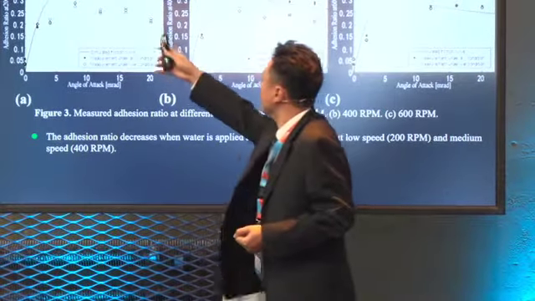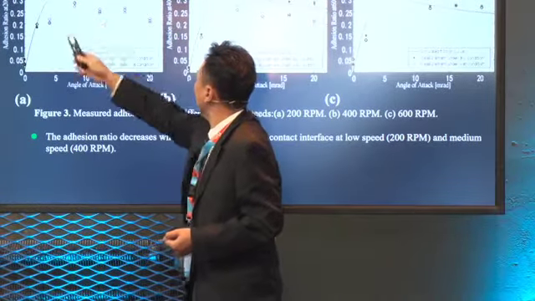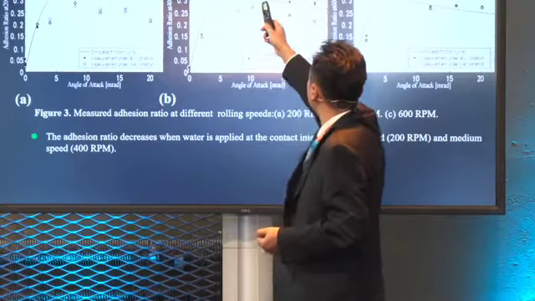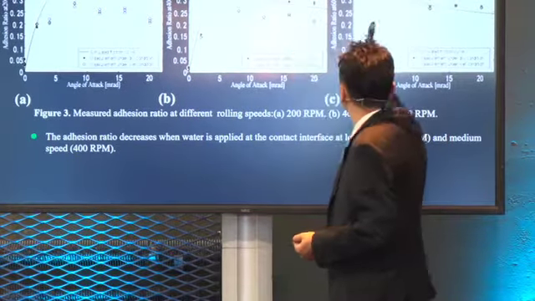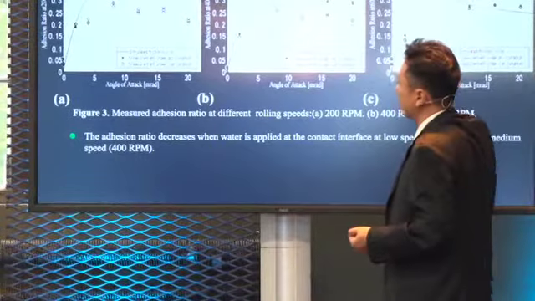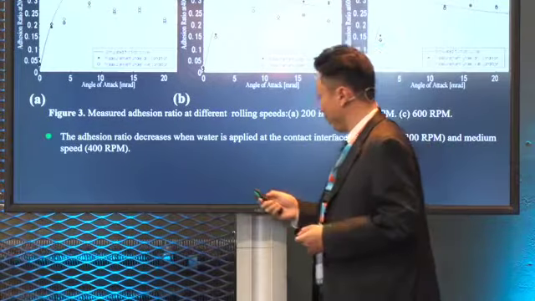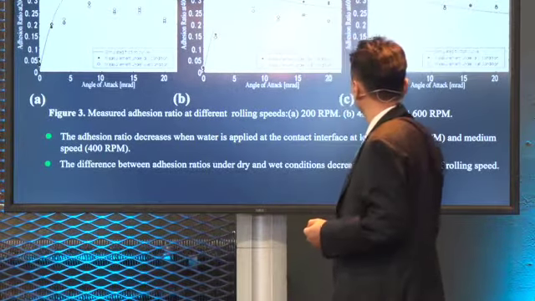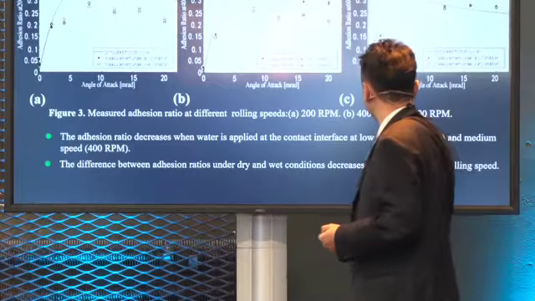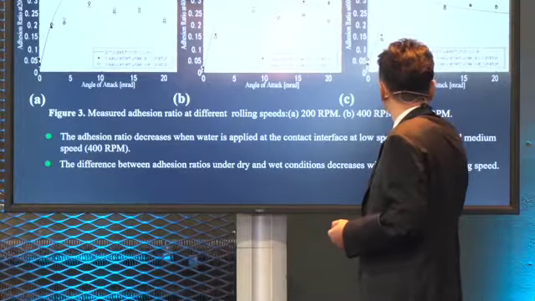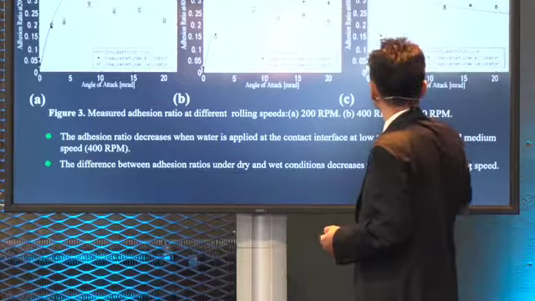Here you can see that this is dry and this is wet condition. For 400, it also decreases. But for 600, which is high speed, it's not that evident. So it keeps decreasing with the increase of rolling speed.